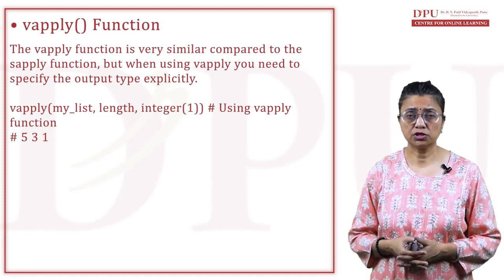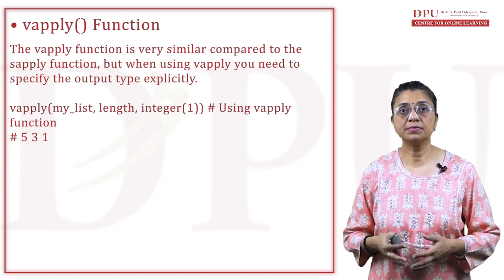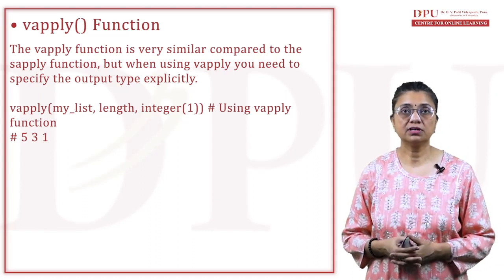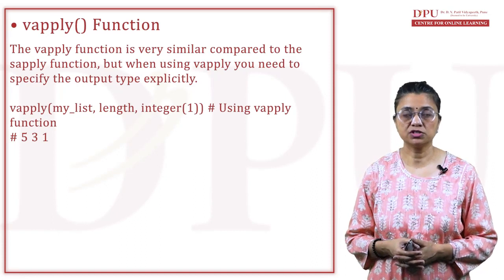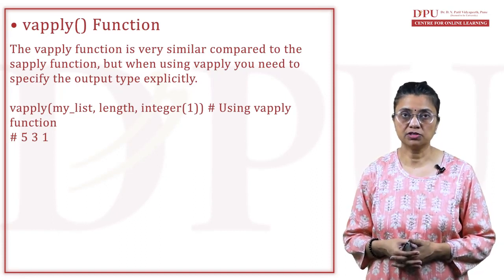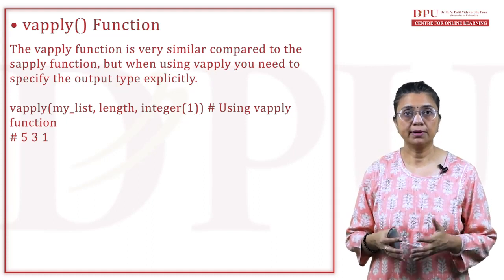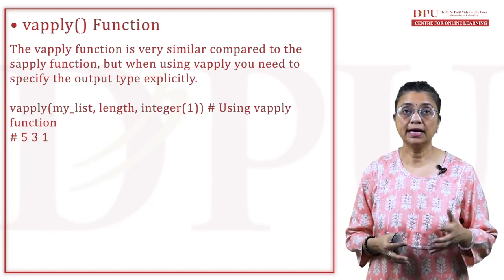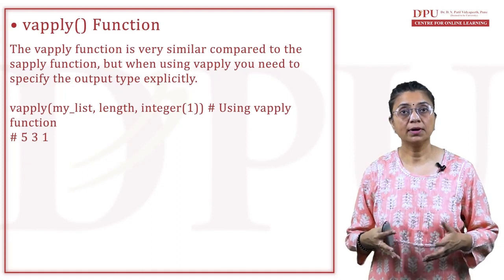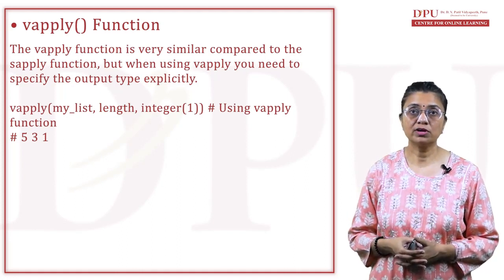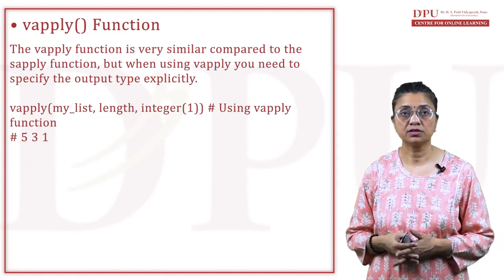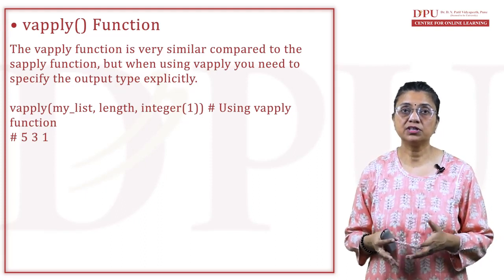Is it integer or is it a character or something else? So there we call the VApply function instead of any other apply function. The syntax of VApply is VApply within brackets mylist, length, integer. So you can see over here that using VApply function, we get the result 531.